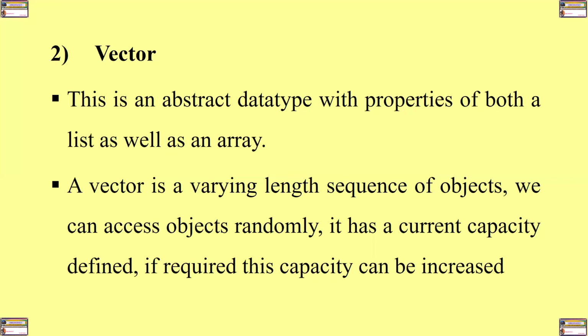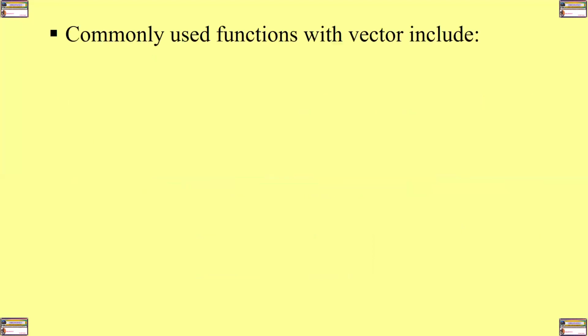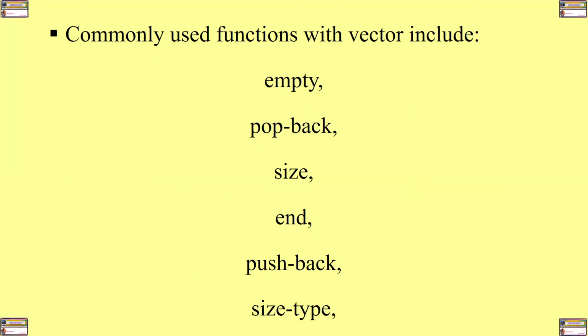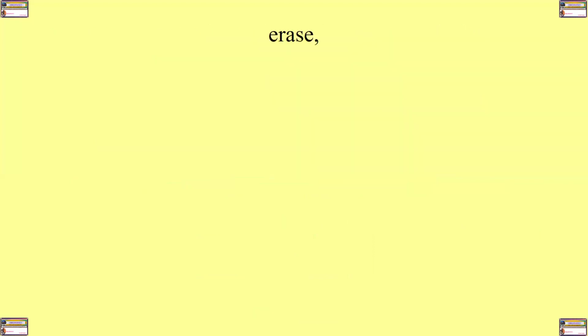It has a current capacity defined, and if required, this capacity can be increased. The commonly used functions with vector include empty, pop back, size, end, push back, size type, erase, reserve, swap, insert, resize.